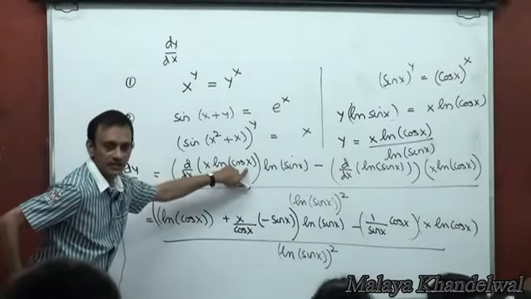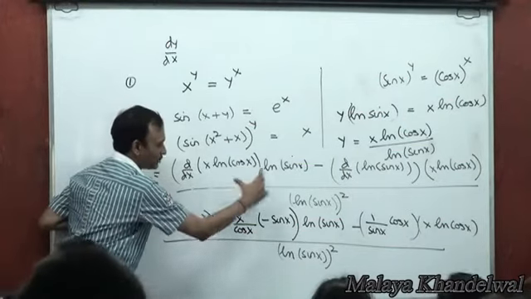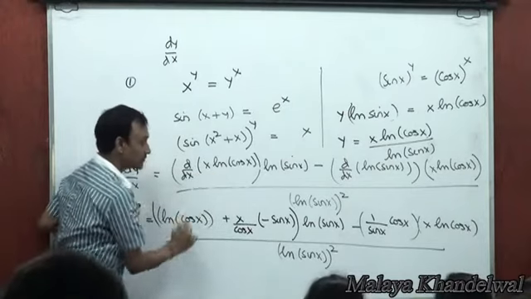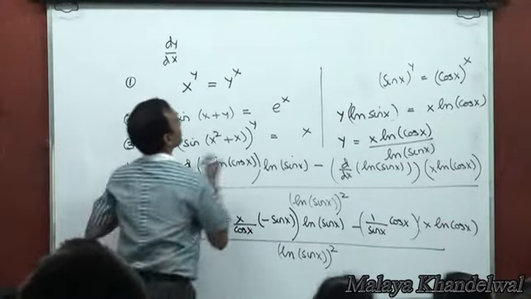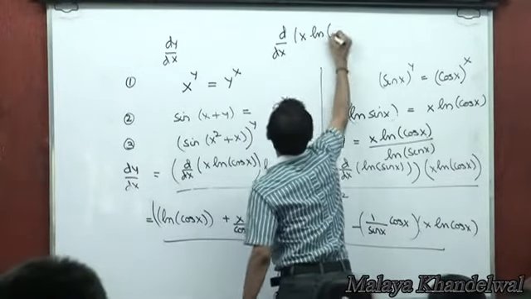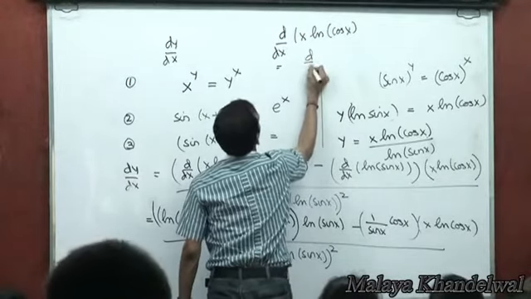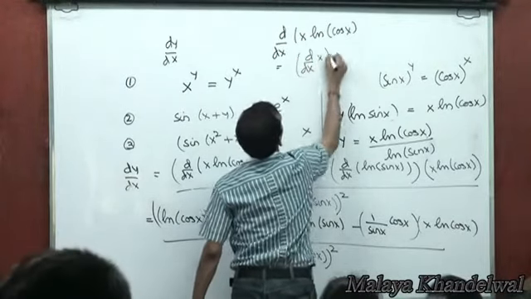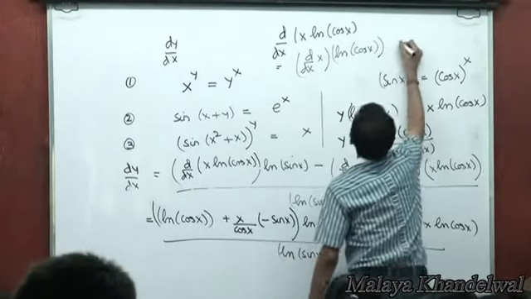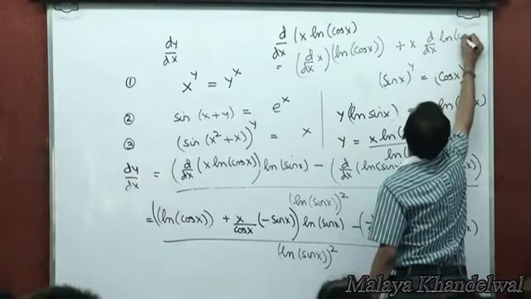d/dx of x ln cos x: derivative of x into this, which is this, plus derivative of ln cos x into x. What is x by cos x? d/dx of x ln cos x. All right. That's d/dx of x into ln cos x plus x into d/dx of ln cos x.